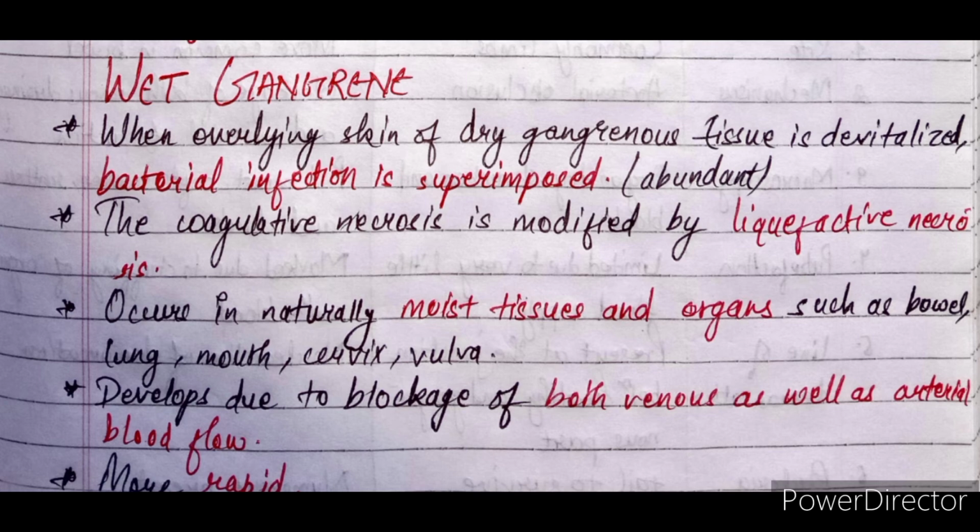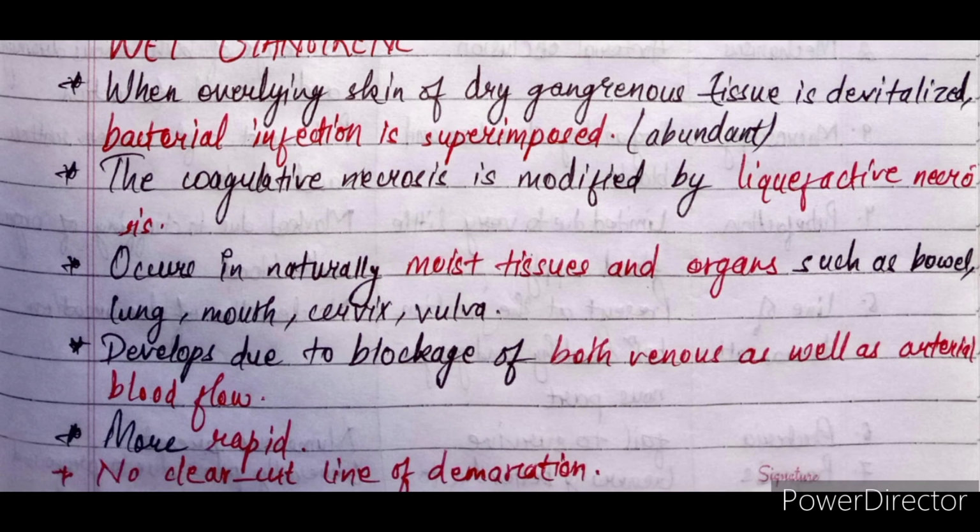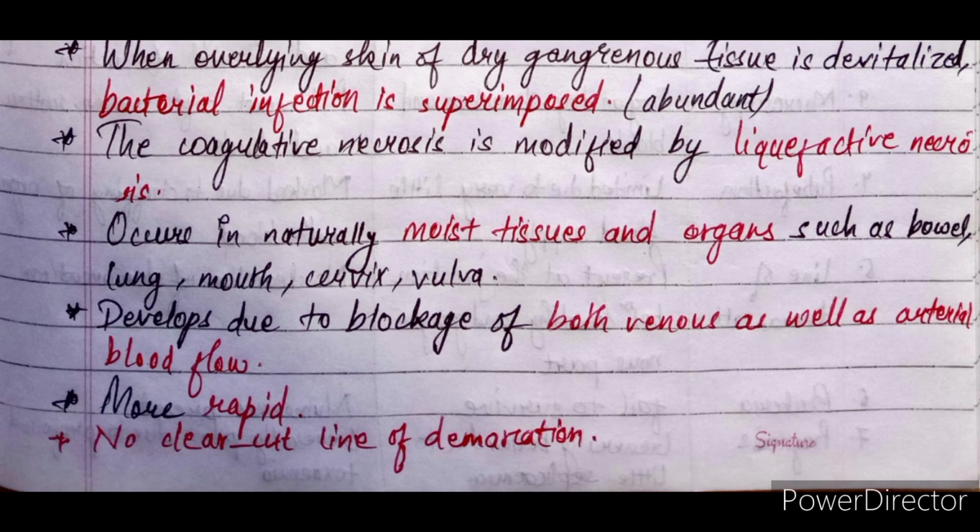Wet gangrene generally occurs in naturally moist tissue and organs such as bowel, lung, mouth, cervix and vulva, and it develops due to blockage of both venous as well as arterial blood flow. In dry gangrene there was arterial obstruction, whereas in wet gangrene there is both arterial as well as venous obstruction. And wet gangrene spreads more rapidly as compared to dry gangrene, which spreads slowly.